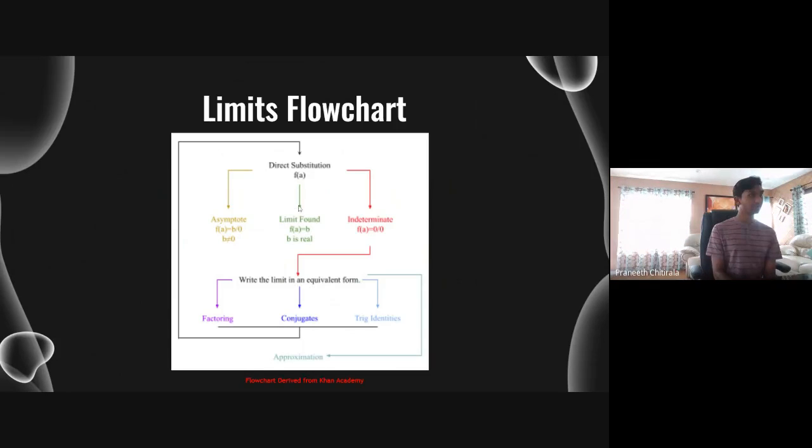And there are 3 outcomes that can happen. The first and best outcome is when the limit is already found. So f of a equals a finite number b, and b is a real number. In that case, you don't need to go further. You already found the limit. It's b.